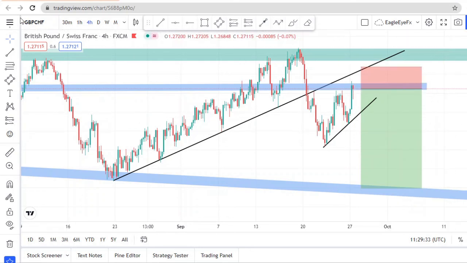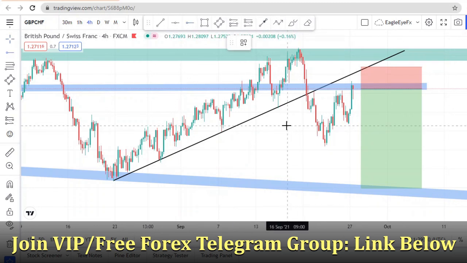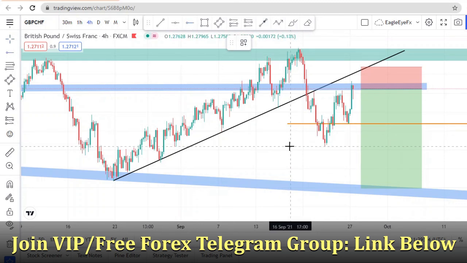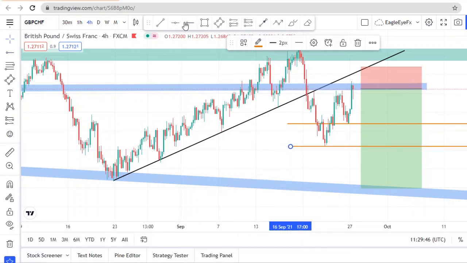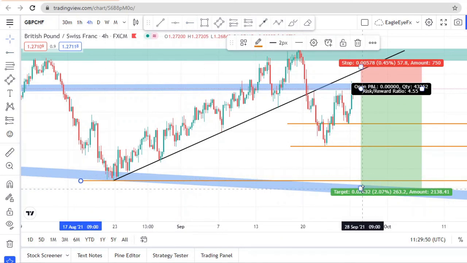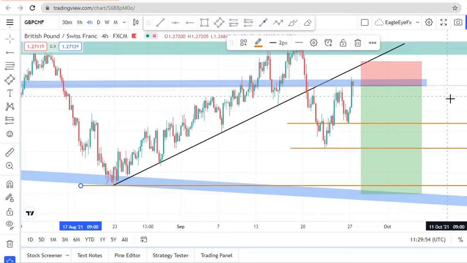So also on GBPCHF, I'm looking for selling opportunities. You can mark this as a place where you can take some profits over there, and also over there. Then overall you can take some profits over there or on the zone. So these are all places that you can take your profit.